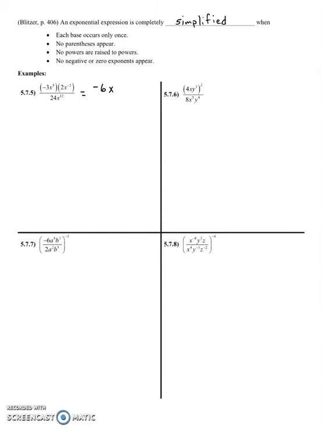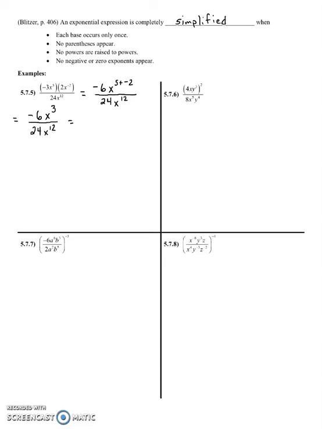So remember, we add the exponents. 5 plus -2 is 3, so it's -6x cubed over 24x to the 12th.